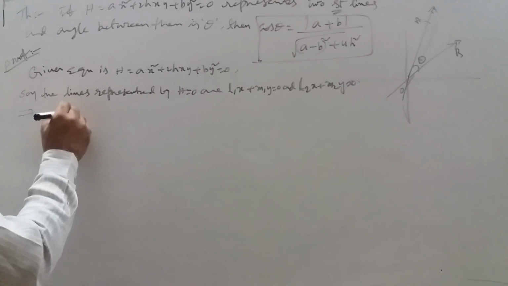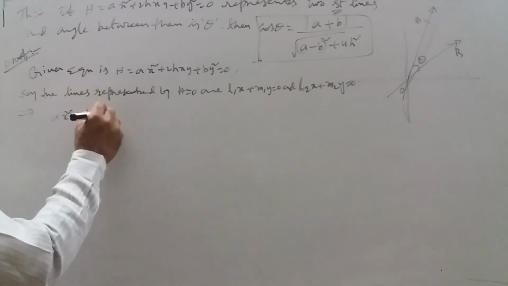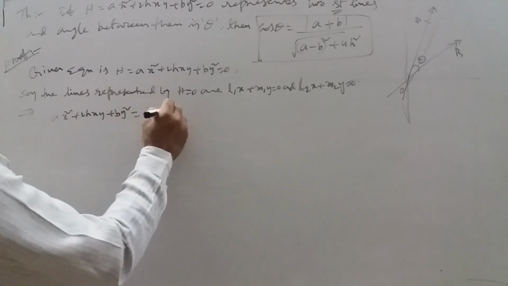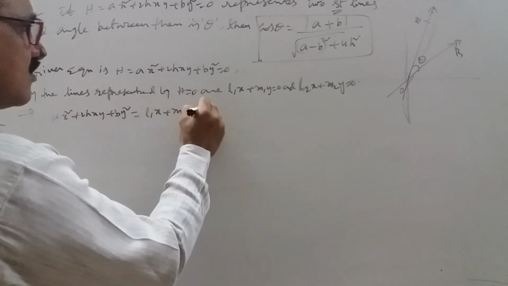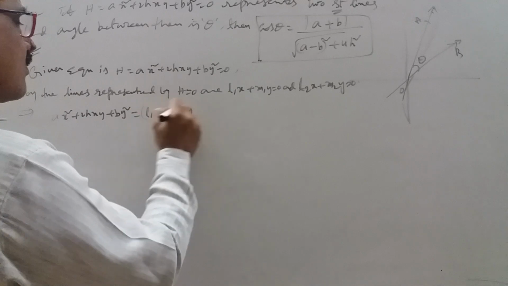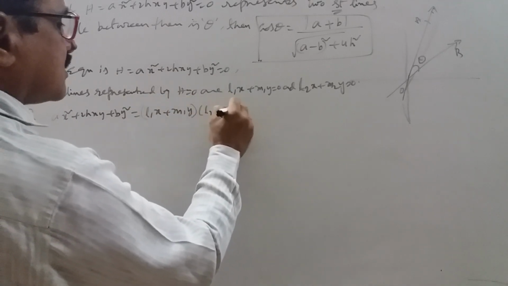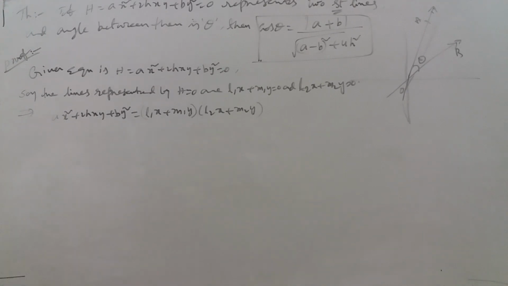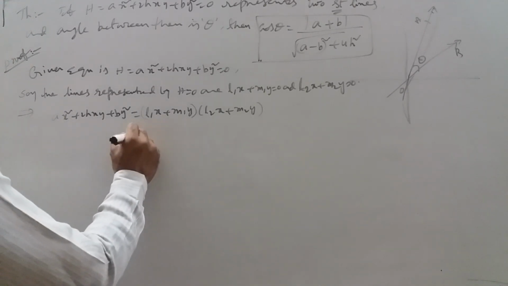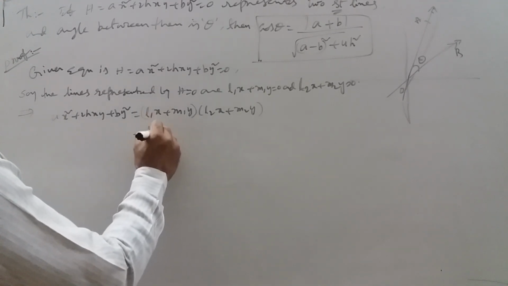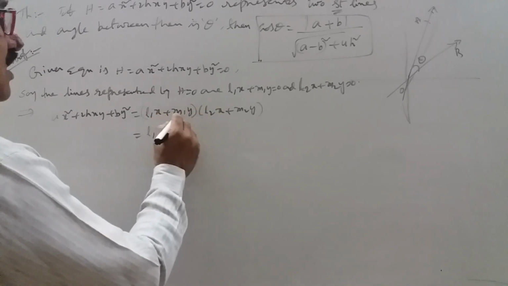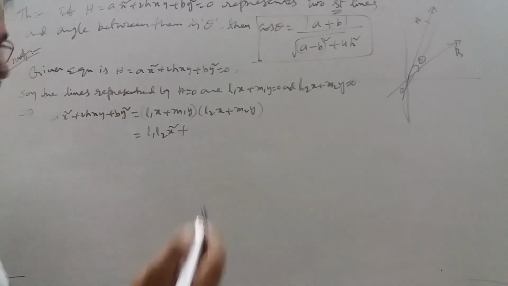ax square plus 2hxy plus by square is equal to (L1x plus M1y) into (L2x plus M2y). On multiplication and simplification of this part, this can be written as L1 L2 x square plus M1 M2 y square.